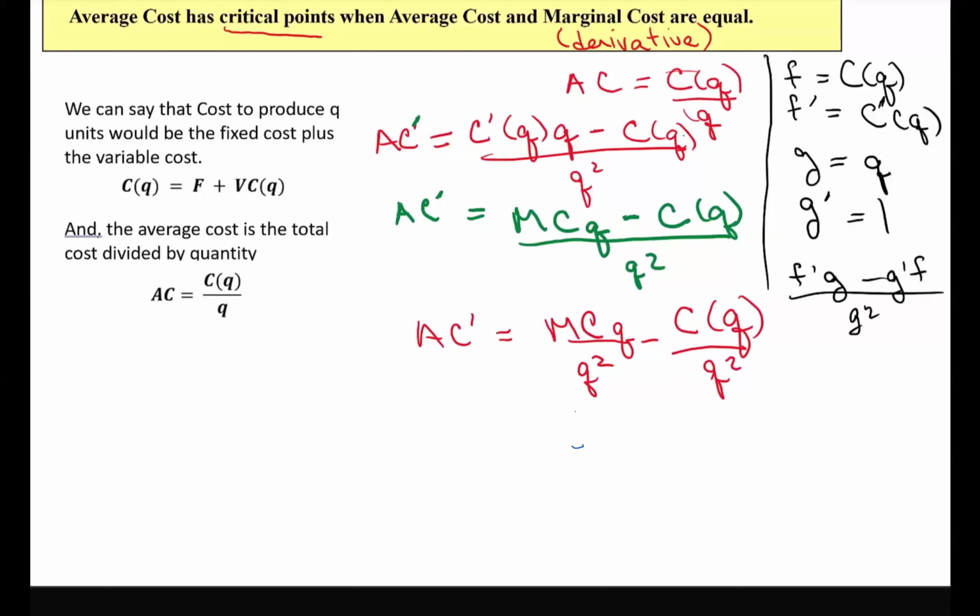This gives me, I can cancel one of the Q's. I get marginal cost over Q, quantity, minus cost over quantity squared.